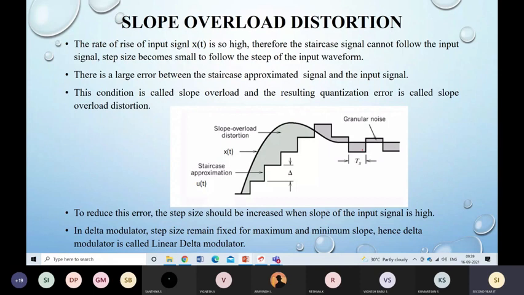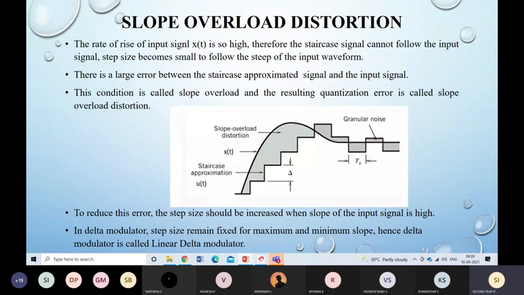Whatever input signal we give, the output signal and the quantized output should be more or less the same, not exactly. But here the input is constant while the step size is varying. If you find the difference between these two, there will be some error. That error is called granular noise.